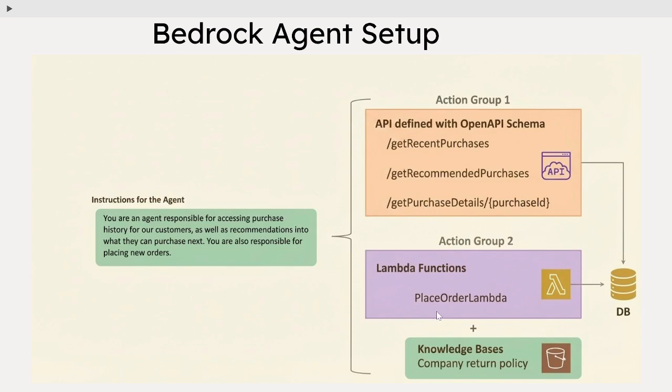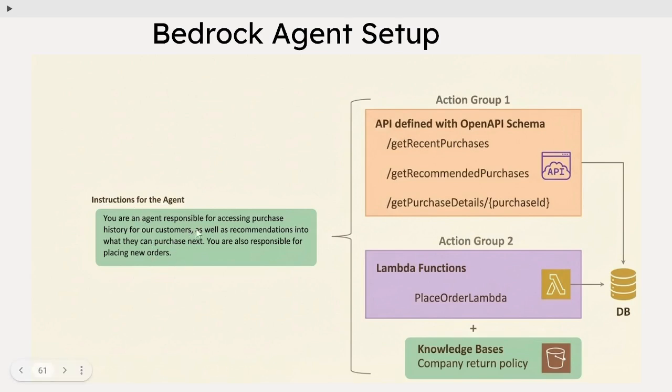And action group 2 might include Lambda functions like place order Lambda, and you can even connect knowledge bases like return policies. Together these components allow the agent to understand requests, fetch data, perform operations, and deliver accurate results.